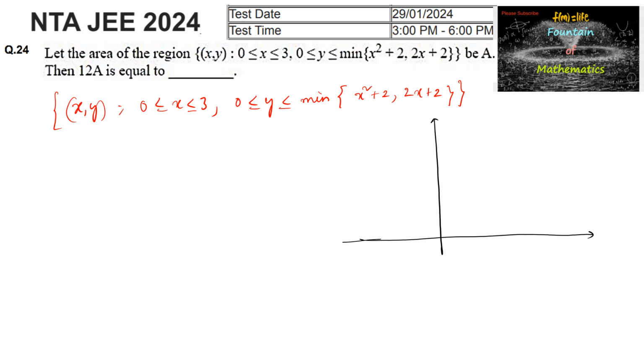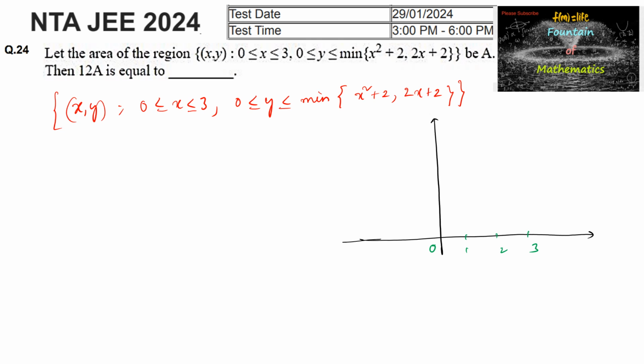x from 0 to 3. And the y value is the minimum of x squared plus 2 and 2x plus 2. x squared plus 2 is a parabola.